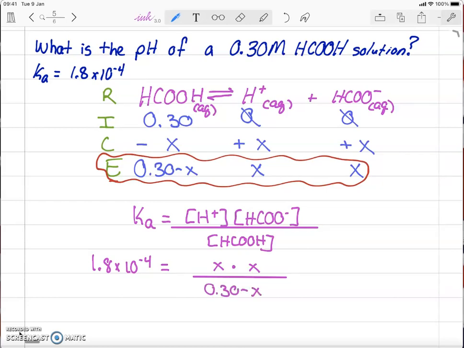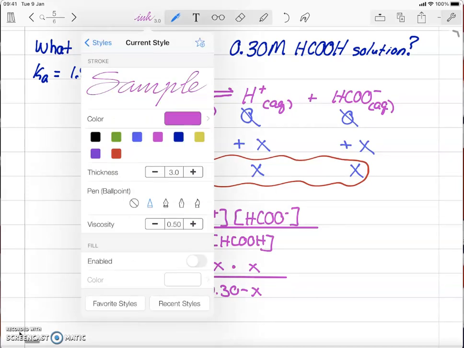And now at this point, if we try to solve the way it is, we will end up with a quadratic, and we want to try to avoid those. The AP exam is pretty good at not giving you quadratics.